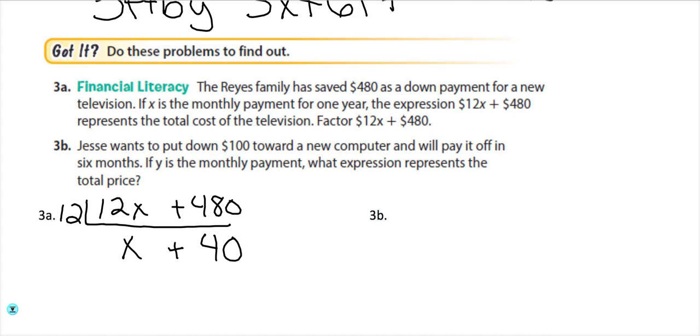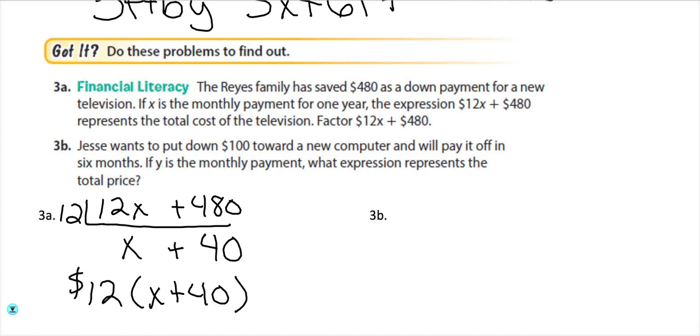All right, so put that together, so it would be 12 times x plus 40. I guess I should put a dollar sign on there. There we go. All right, let's look at letter B.